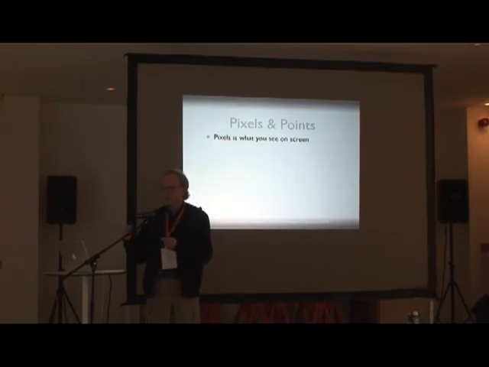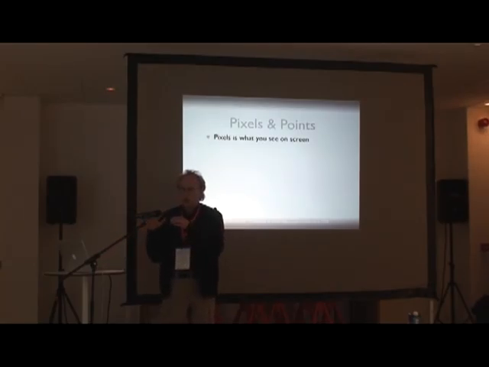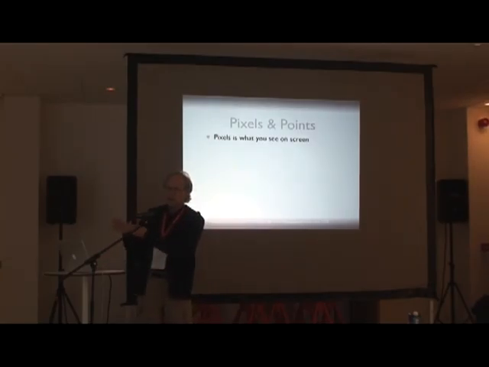And then we also define how many pixels we use for each inch. We say we have a resolution of 72 pixels per inch, or it's usually more nowadays, 96 or something like that. But 72 is a good number to remember, because when the first Macintosh machines came, they had a screen resolution of 72 pixels per inch.